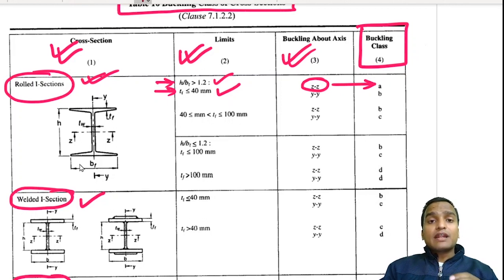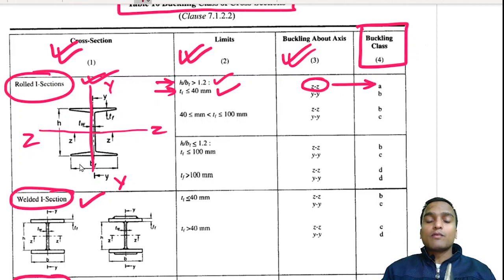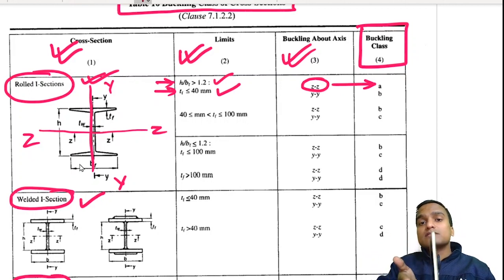And you know that there are two axes in any steel section. One is the horizontal axis, which is represented here by ZZ, and one is the vertical axis, which is represented here by YY. Most of the cases you will see that buckling will occur along the YY axis, not the ZZ axis. Because if I take this mobile phone here, and say this is my cross section, and if I compress it, we know that buckling will occur like this, isn't it?